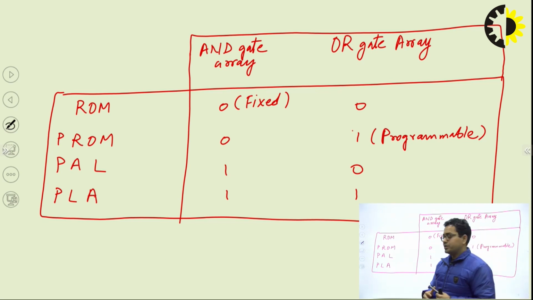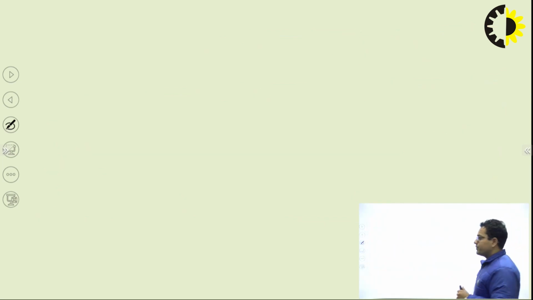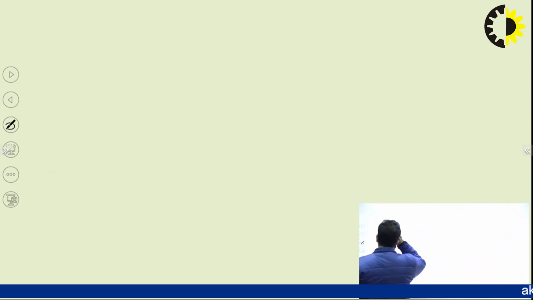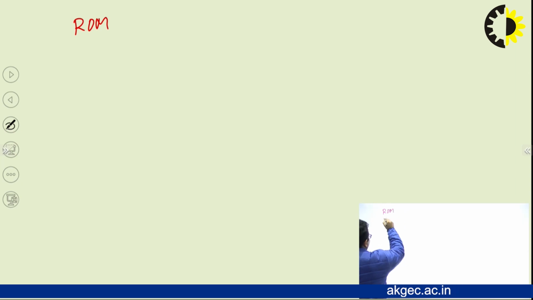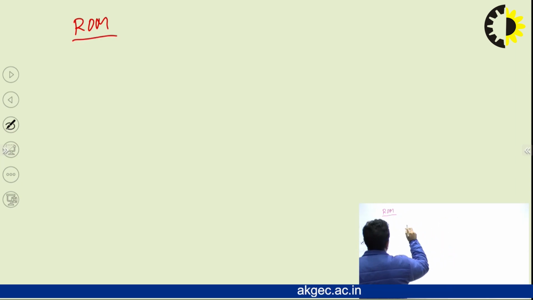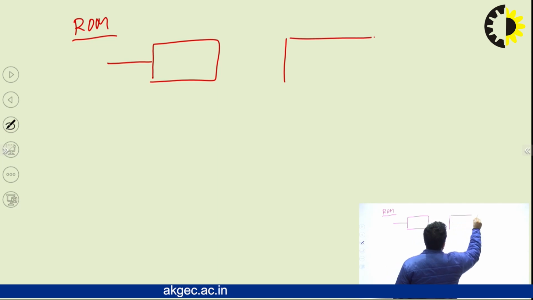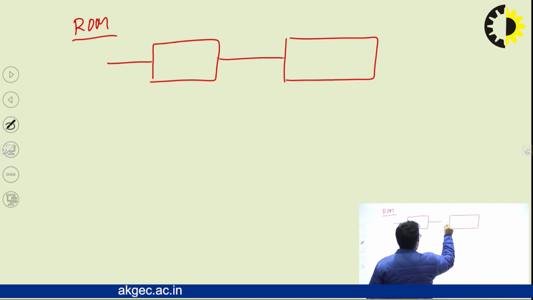That is very beneficial. Now let us quickly take an overview of the ROM and PROM with the help of a block diagram. It is the same thing which we discussed in the previous slide, we are just writing it in terms of a block diagram. In the case of a ROM, we have an AND gate as well as an OR gate.